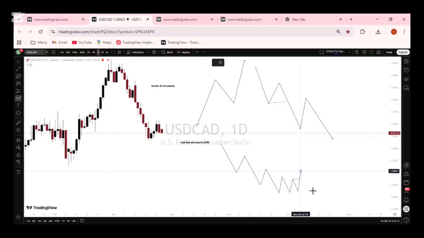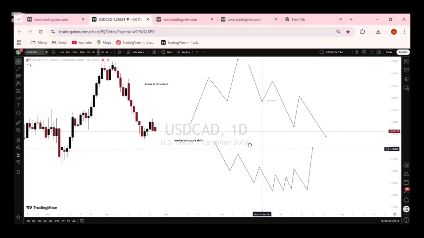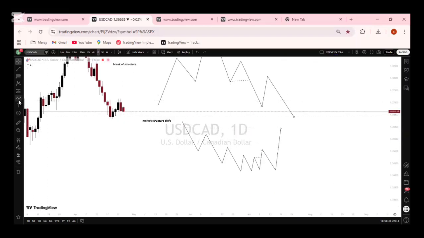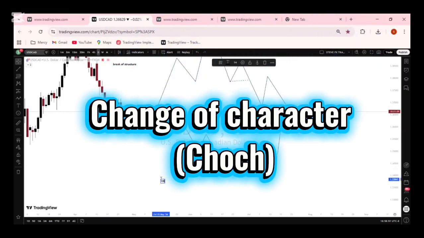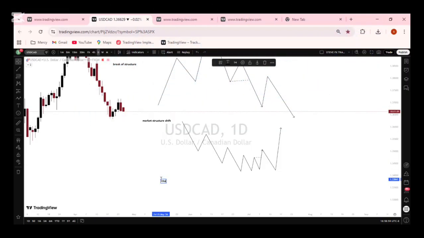The third one is the change of character. A change of character also indicates a complete change in the direction of the market.